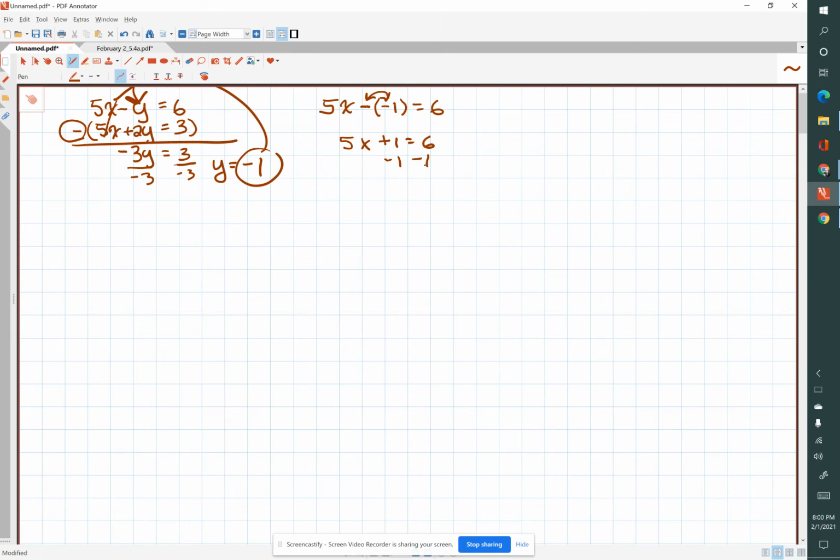Now we subtract 1 from both sides, and we have 5x equals 5, and divide both sides by 5, and x equals 1. And the solution to this system is 1, negative 1.